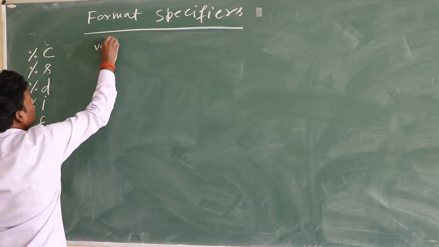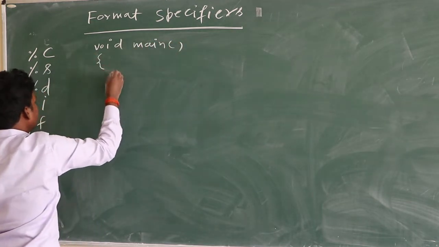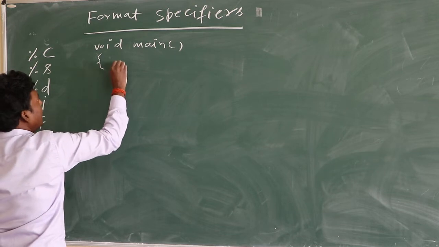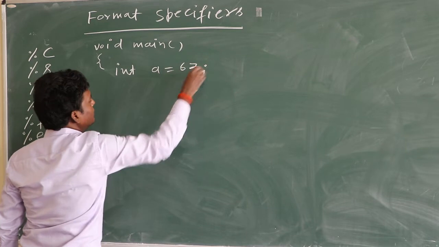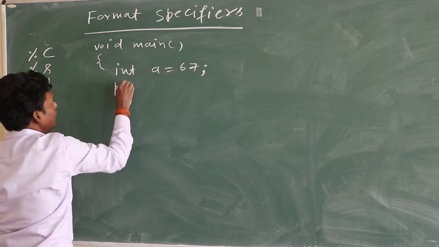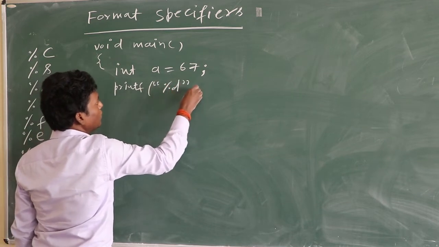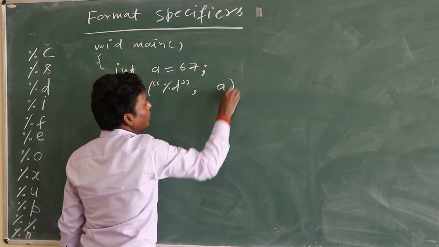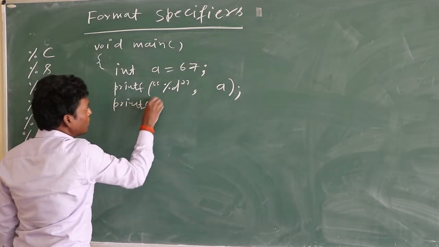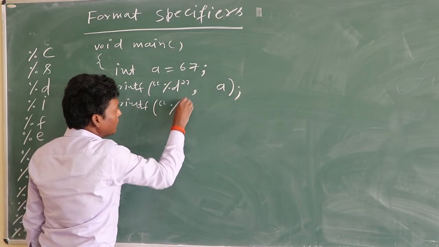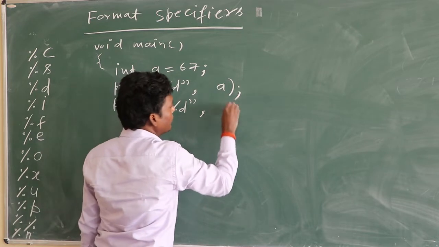Void main, int a equal to 67. Printf %d, a. Printf %d within string, a.